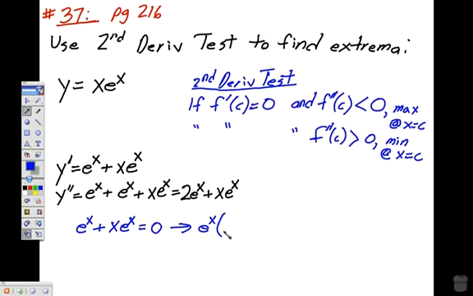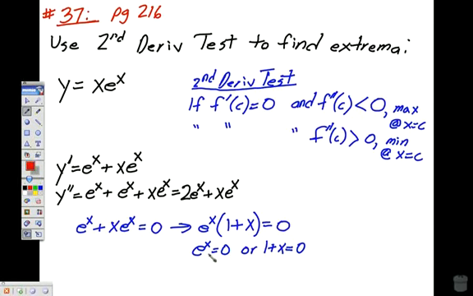They both have an e to the x, and we get 1 plus x. This is great because we have two things multiplied together that equal 0. That means either e to the x equals 0 or 1 plus x equals 0.